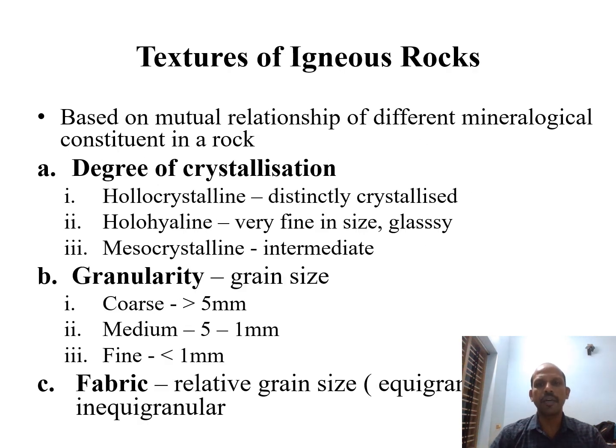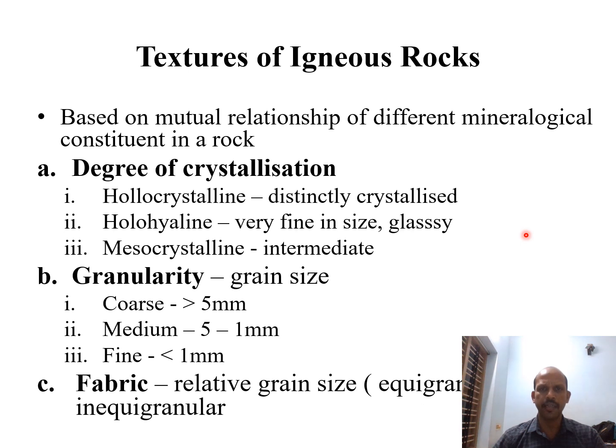So now the texture of igneous rocks. Whatever igneous rock it is, we'll see about the texture. First, degree of crystallization. It's of three types: holocrystalline, holohyaline, and hypocrystalline. Holocrystalline is distinctly crystallized. Holohyaline is very fine in size and glassy.